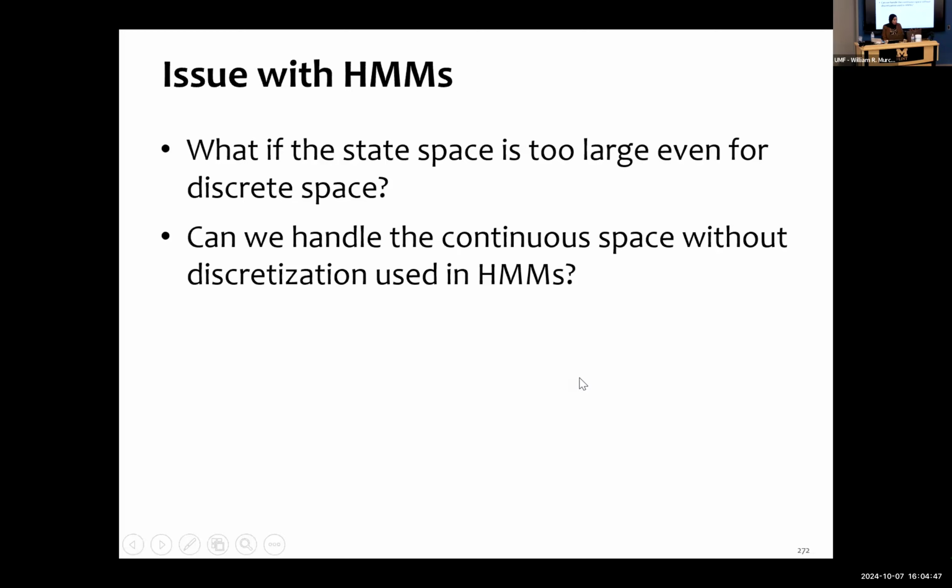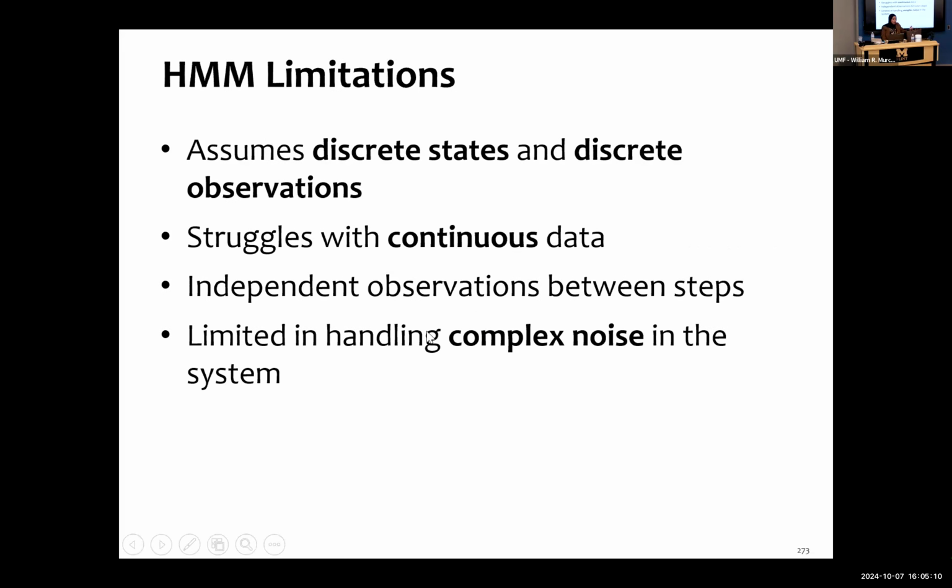One of the issues is that if the state space is too large, you can imagine the size of the matrix you need to represent your problem. Also, can we handle continuous space without discretization using hidden Markov models, like in that example? No, it's designed only to deal with discrete variables.